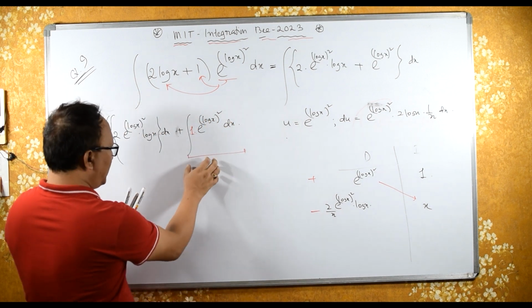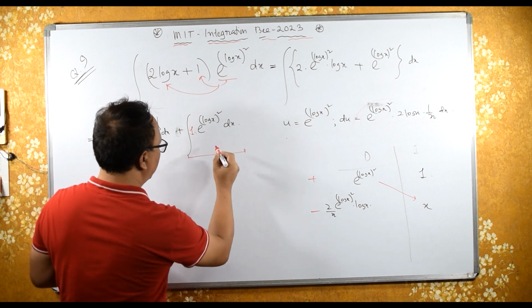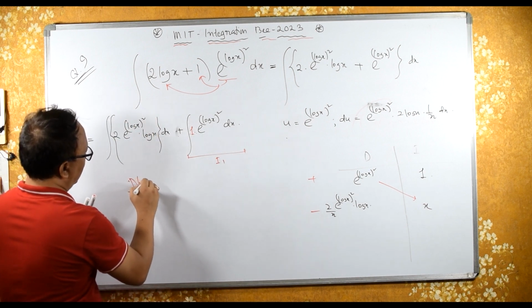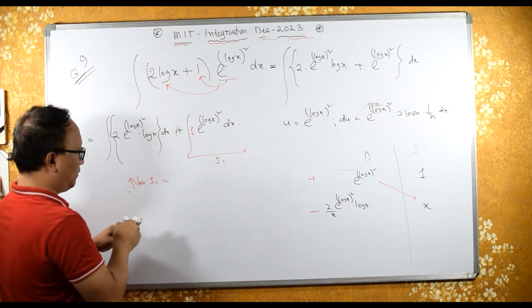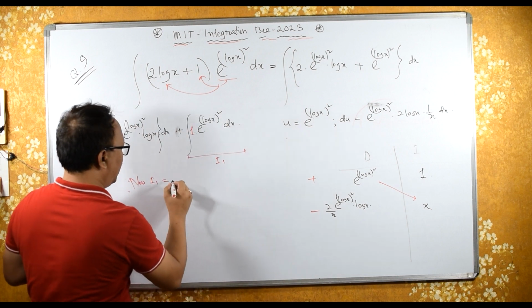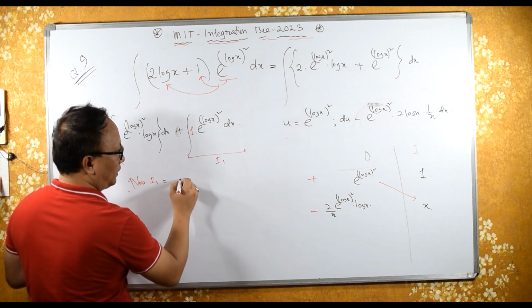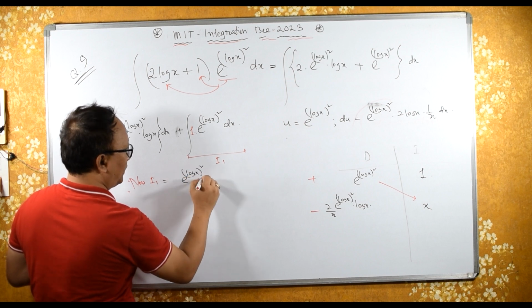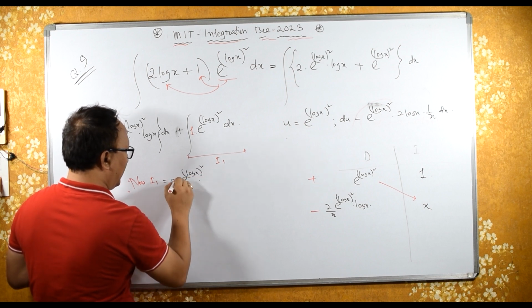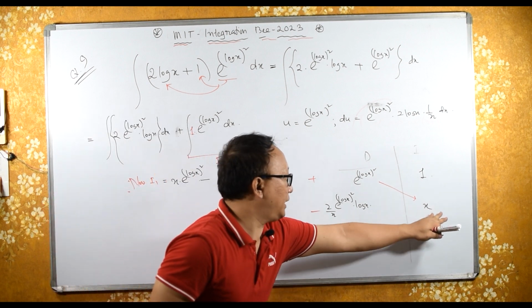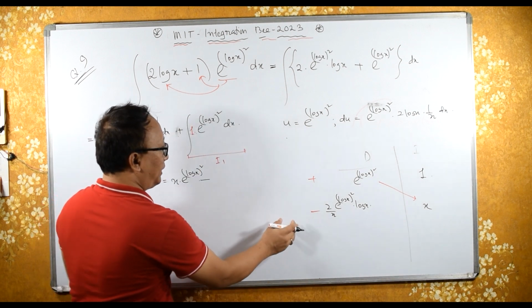Now this integral, let's say this is I1. I1 equals this into this with plus sign, which equals e raised to (log x) squared into x, minus the integral of this into this, where minus is there.